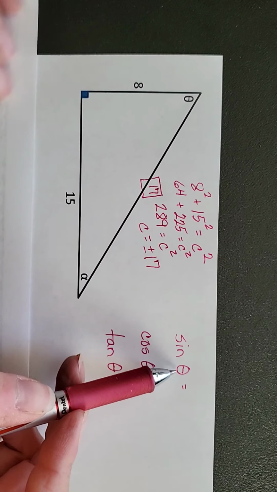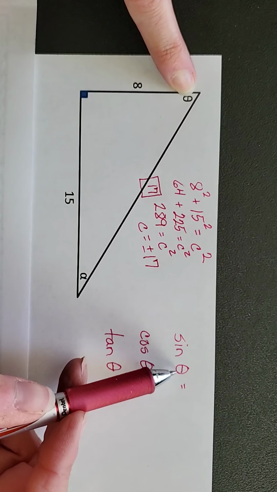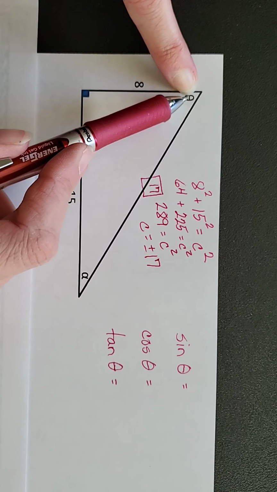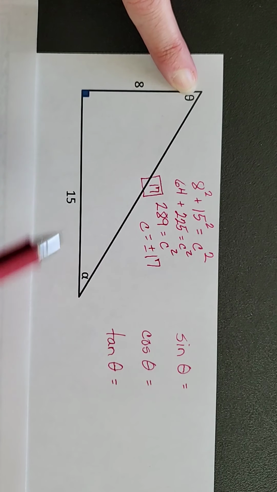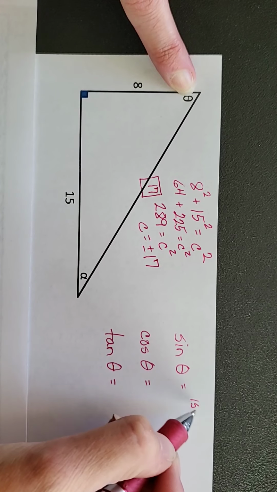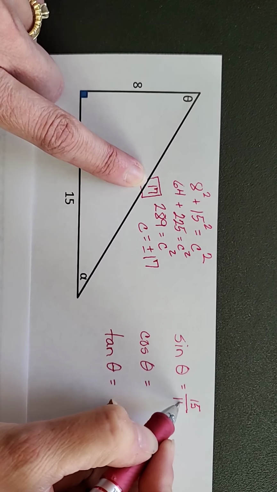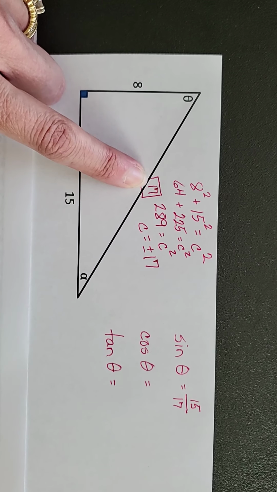Now I'm going to live in the land of theta. Sine is opposite over hypotenuse. So the opposite, I just walk out of that angle, and the opposite side is 15 over the hypotenuse is 17. There's the sine of theta.